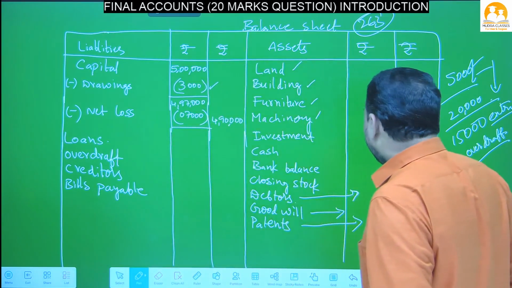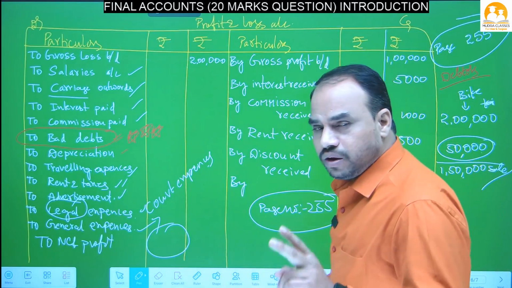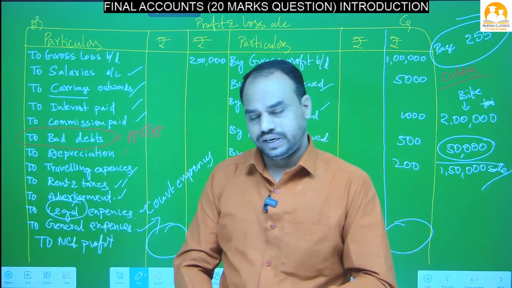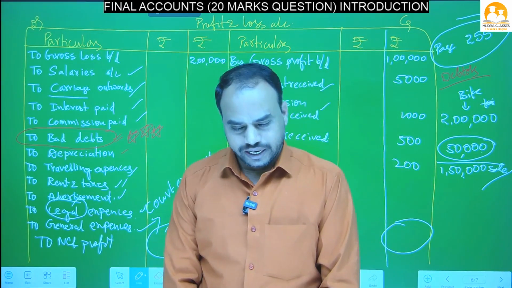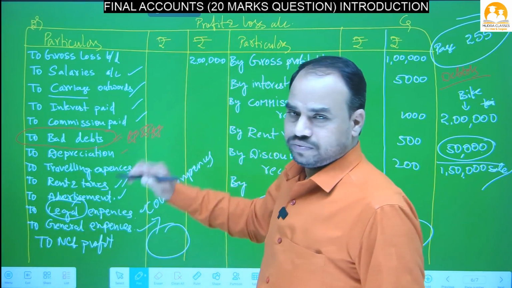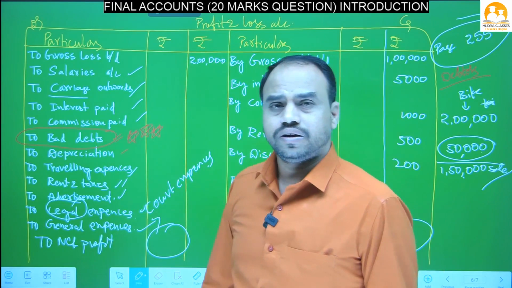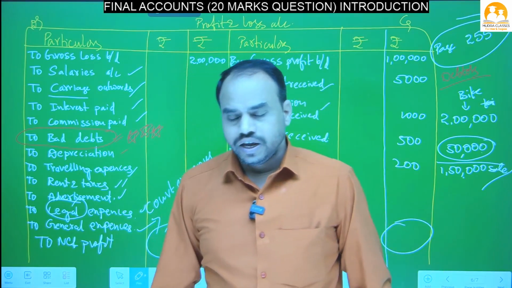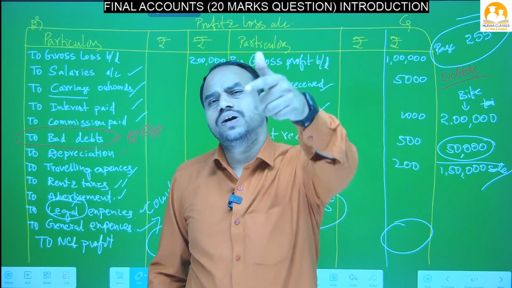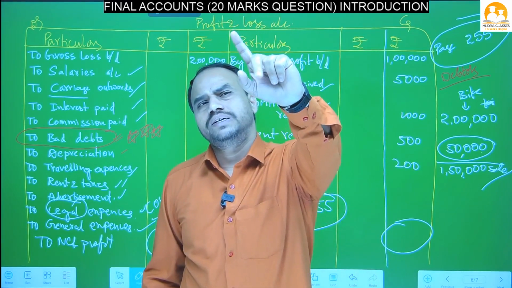Now, how to read the profit and loss account? For reading the profit and loss account, I will tell you 2 tricks. First trick is, you have to think of the profit and loss account like your relatives. If I ask who is staying in your home, immediately you will answer: my father, my mother, I, my sister.